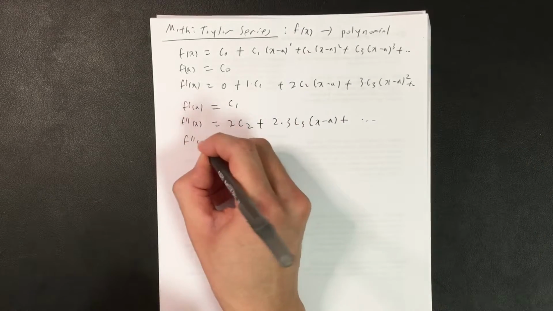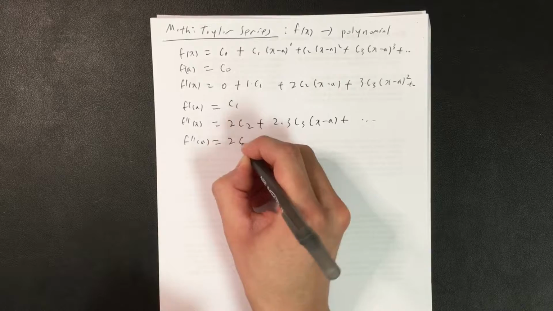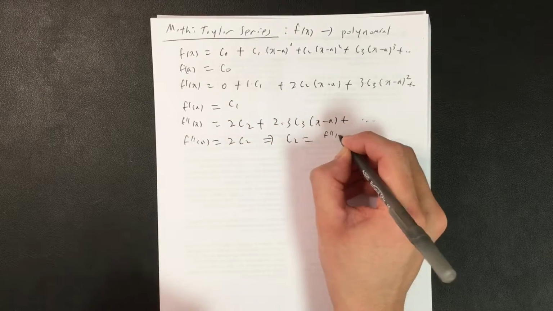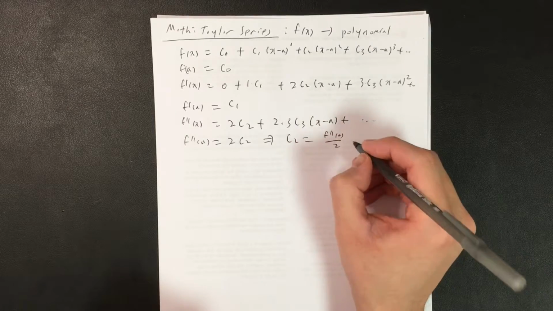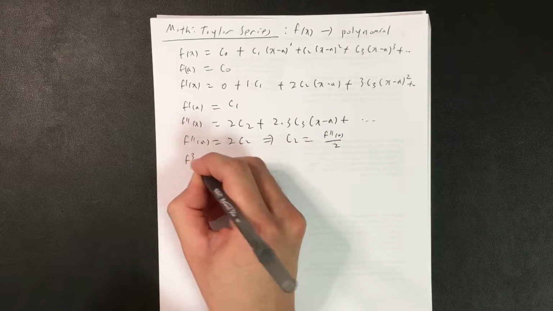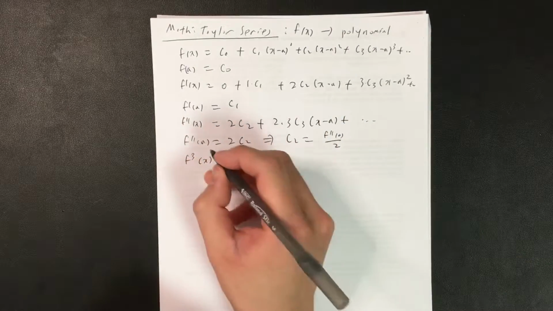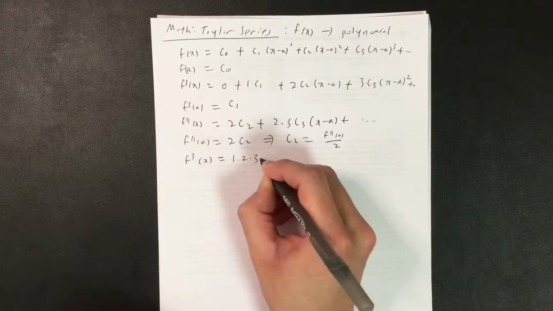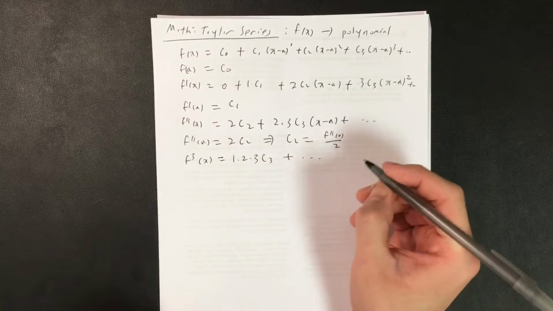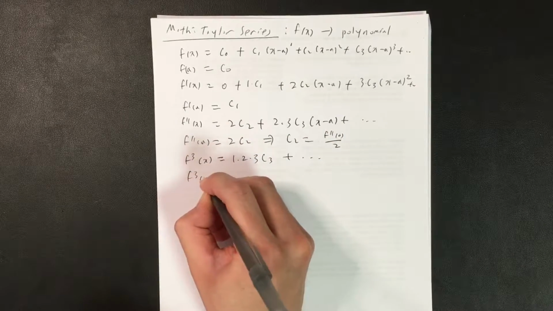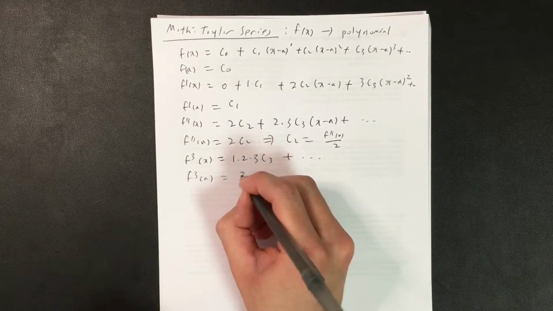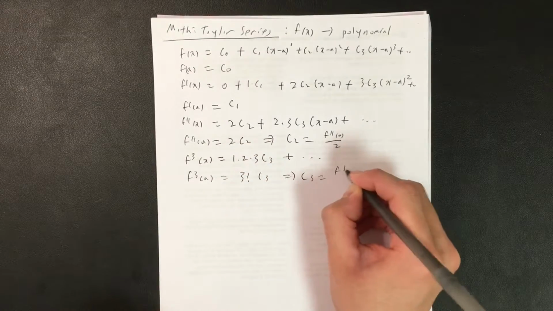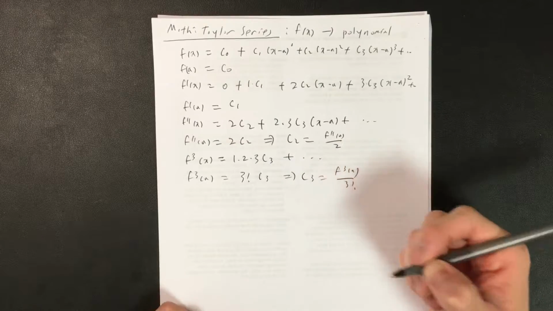So therefore, f double prime of a is 2 times c2, which means c2 in this case equals f double prime of a divided by 2. f3 of x, which is the third derivative of f of x, looks like 1 times 2 times 3 times c3, and so on. So therefore, f3 of a is 3 factorial times c3, which means c3 equals f3 of a divided by 3 factorial.